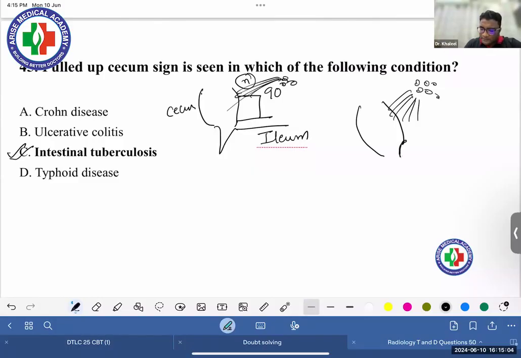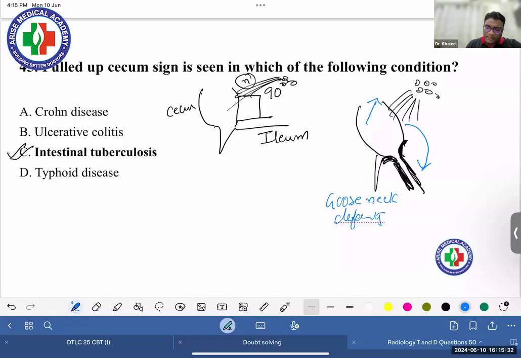When the cecum is pulled up and there is involvement of the terminal ileum by the tuberculous infection, there is narrowing of the terminal ileum, thickening of the ileocecal valve. So what has happened is there is widening of ileocecal angle, obtuse ileocecal angle. There is pulled up cecum, and this whole appearance looks like gooseneck deformity.